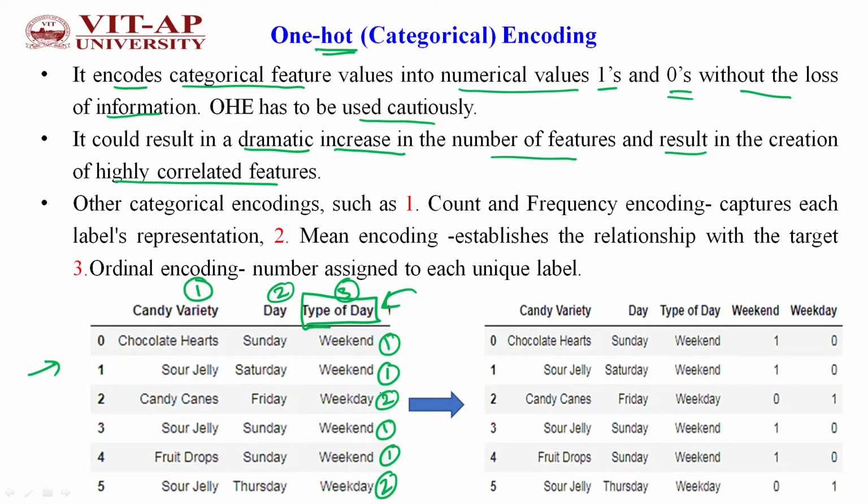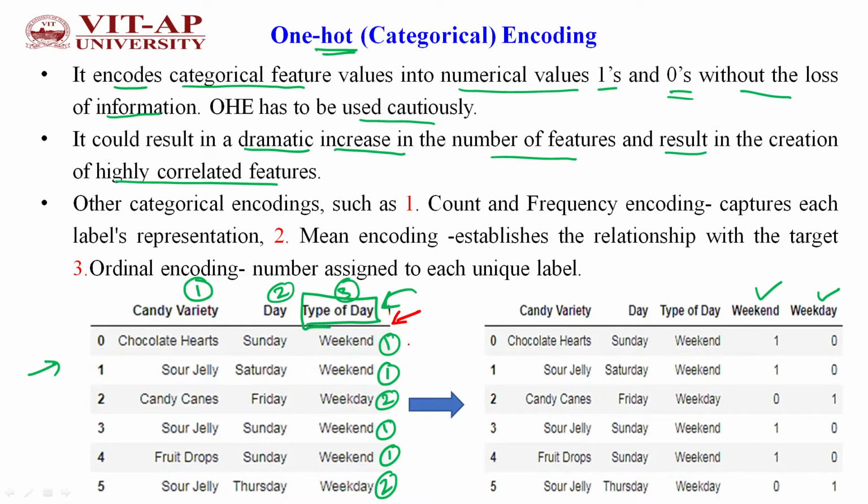So type of day has two different values. These two different values will be transformed into features. The weekend will become one feature, weekday will become another feature. Once again, the type of day feature is considered for one hot encoding.